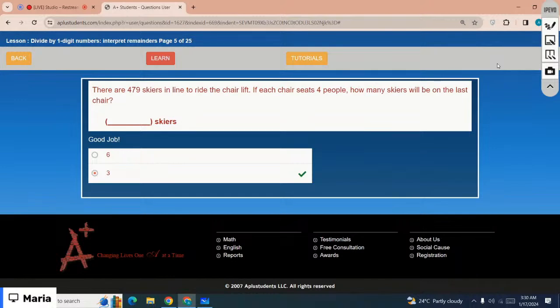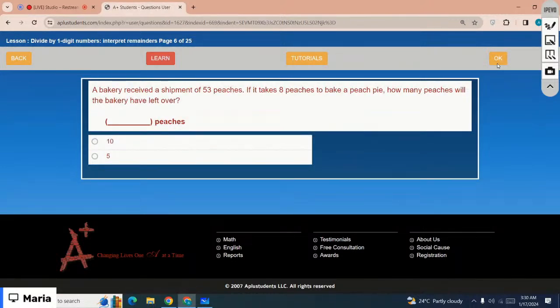The next one is: a bakery has 53 peaches. If it takes 8 peaches to bake a peach pie, how many peaches will the bakery have left over? Which is the correct option?